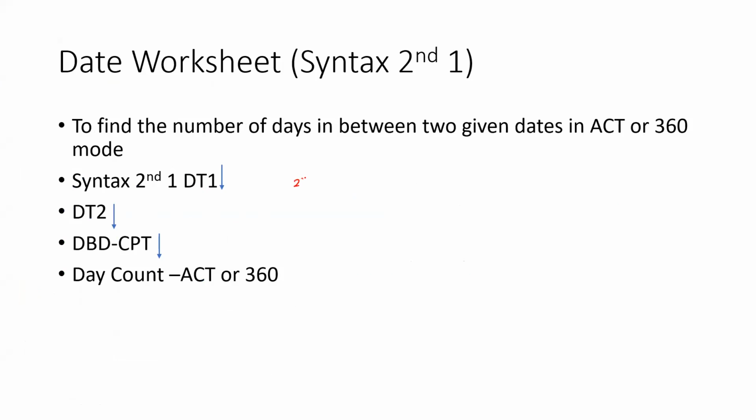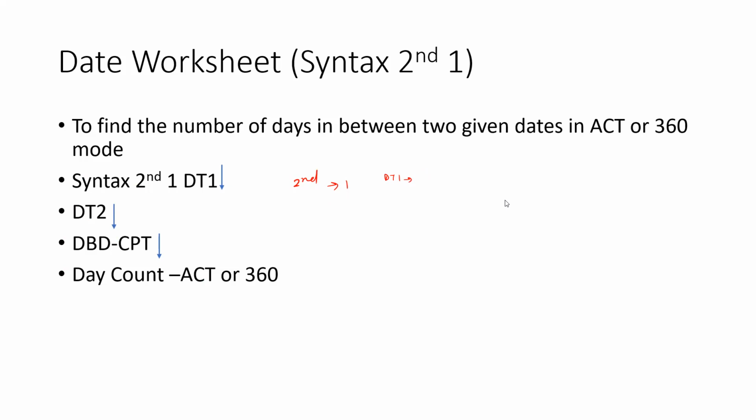All that you have to do is press second and press 1. Press second and press 1. If you open it up, you will see that DT1 has opened up. Can somebody confirm, for example, can Arun confirm what value you're seeing in DT1? Arun, you're there?